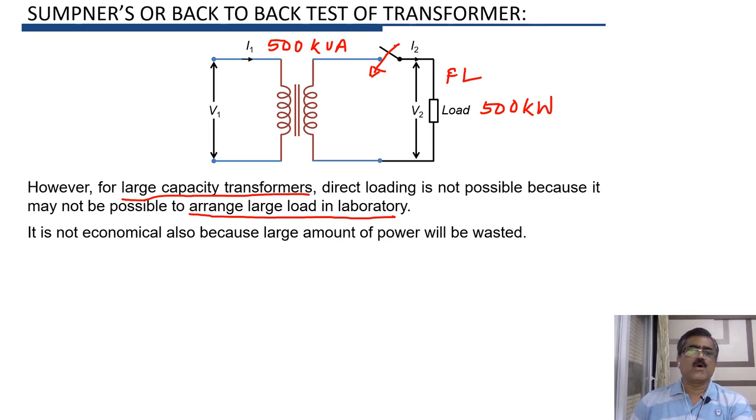Another drawback of direct loading is the method is not economical because large amount of power will be wasted during testing. For example, again if the rating is 500 kVA, power consumed for testing will be 500 kilowatt and this power is required for 48 hours.